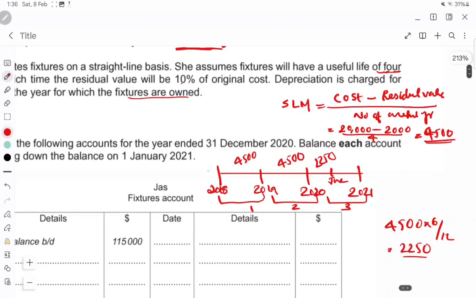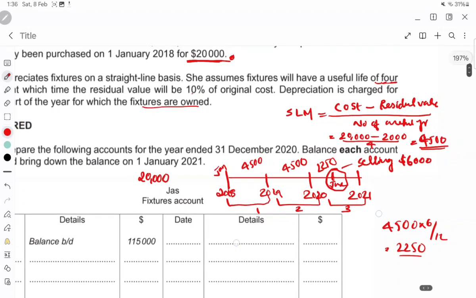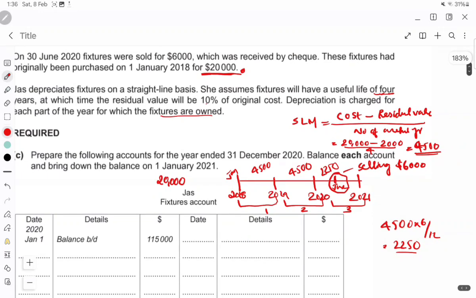In January 2018 you purchased 20,000 worth of non-current asset, like fixtures. And in June 2020 you are selling at the price of 6,000, isn't it? These are the information given as per the question.